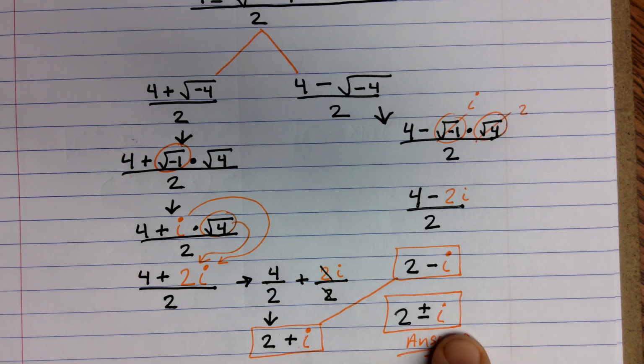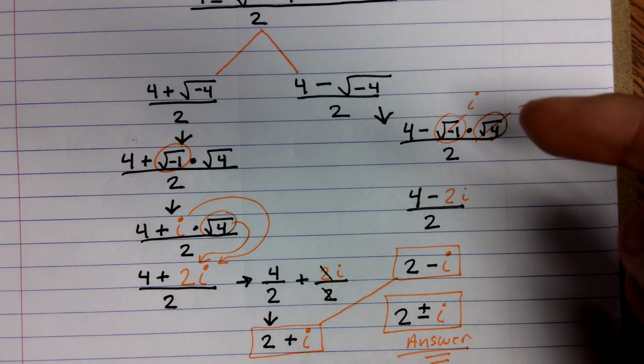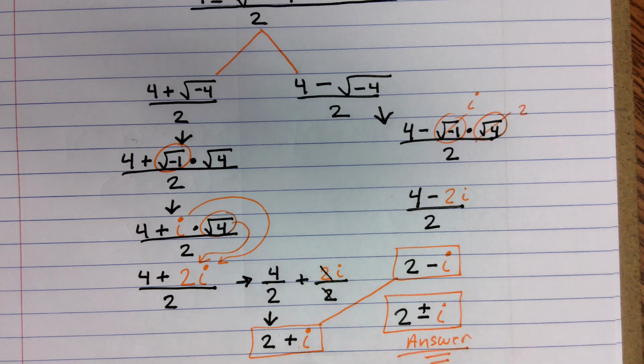Now, this is unlike anything you did in Algebra 1, because in Algebra 1 you never dealt with complex solutions. You never had an answer that had i in it, but now you do. So I'm going to do one more of these just to make sure that you have this down, and I may not show the steps so detailed. But in this first one, I really wanted to make sure that I slowed down and showed every single thing that I was doing in order to get your final answer.